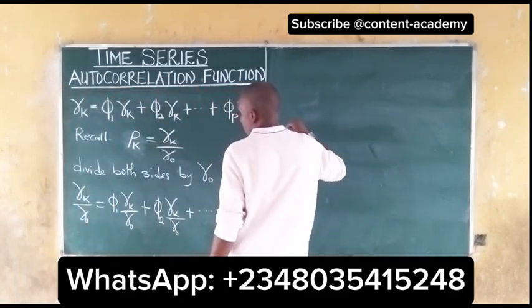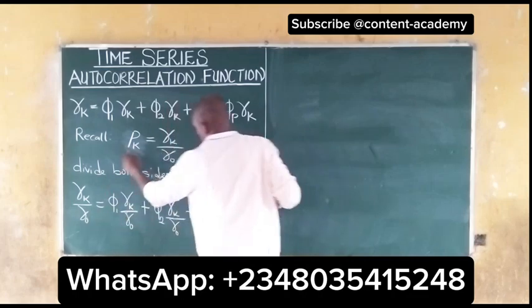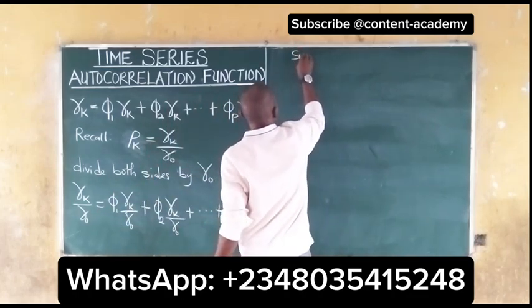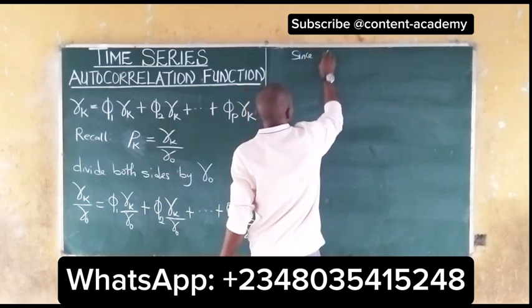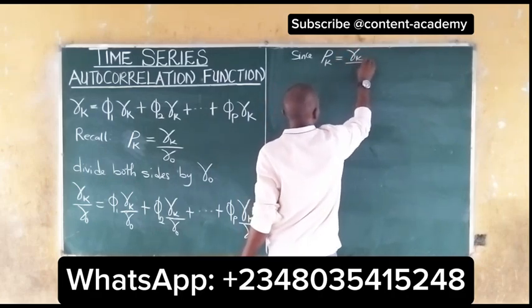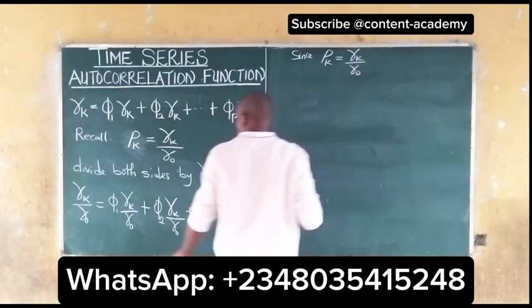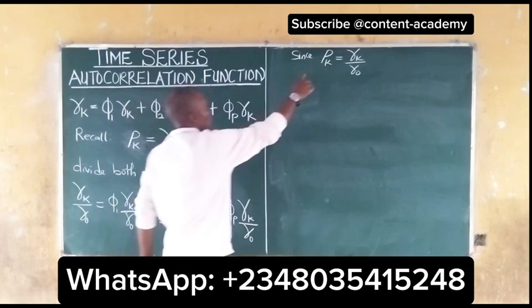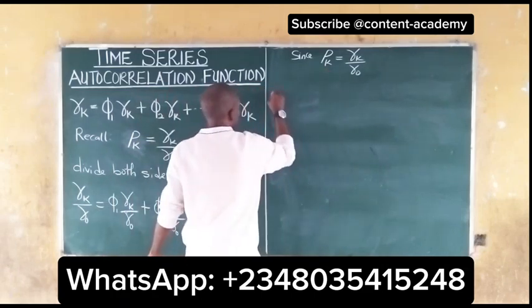So it then means that since the autocorrelation function is equal to Rk all over R0, wherever we see this, we put our autocorrelation function.